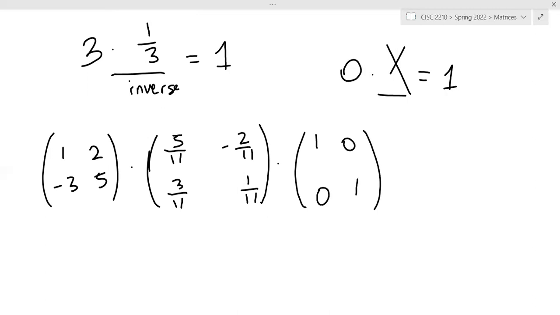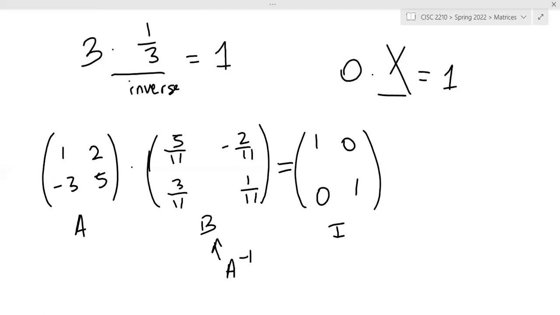In other words, the result is the identity matrix. So what do we see here? We have a matrix A times another matrix B, and this equals the identity matrix. So we call B the inverse of A, and we write it as A inverse.